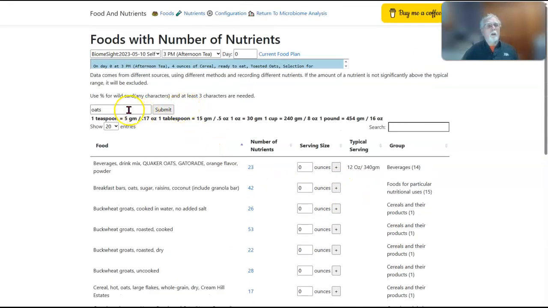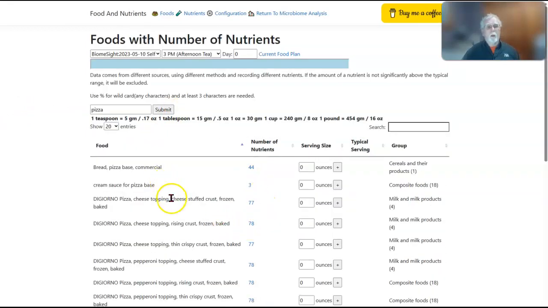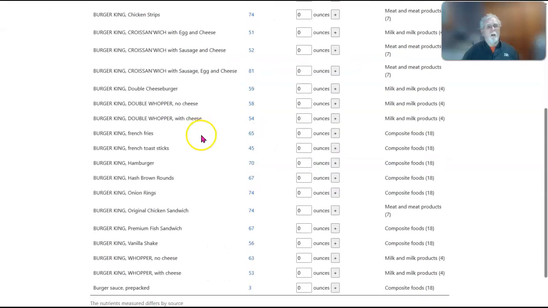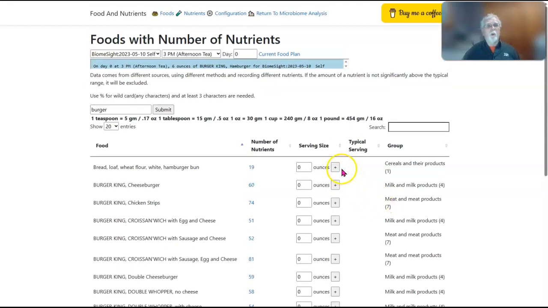And you want to have pizza for supper. Okay, and we have 8 ounces of pizza. And we want to have a burger for lunch. Okay, and we'll go for there, and just probably about 6 ounces, we add that. So we can go in and add in the food you regularly eat.